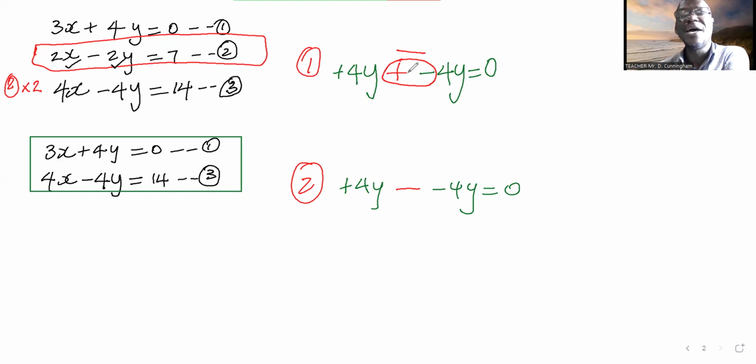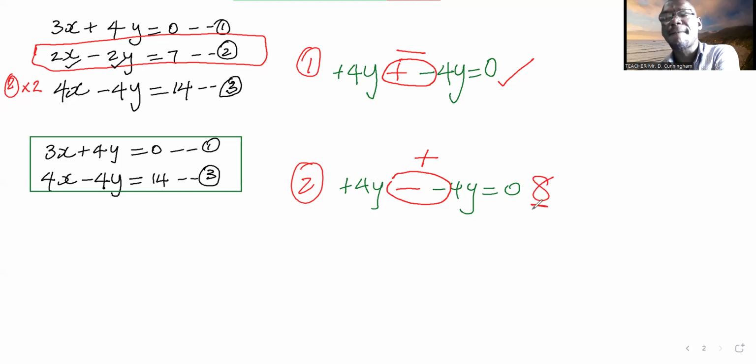So 4y minus 4y will give me 0. This is your answer. If you minus them, a minus and a minus will give me an overall plus. So this is 4y plus 4y, which will give me 8. So what are we doing? We are adding them together.